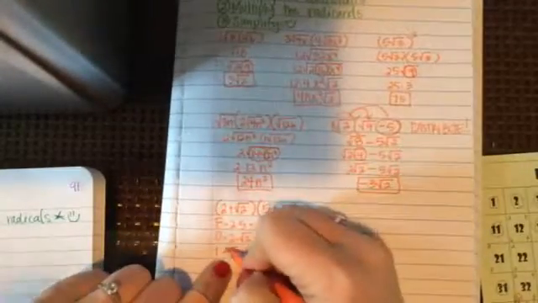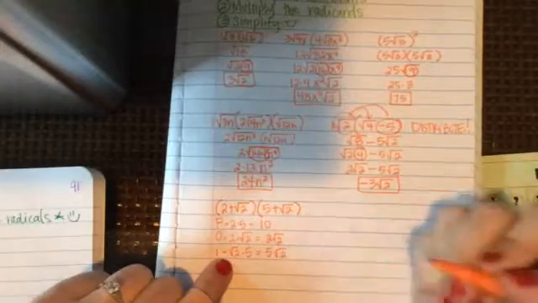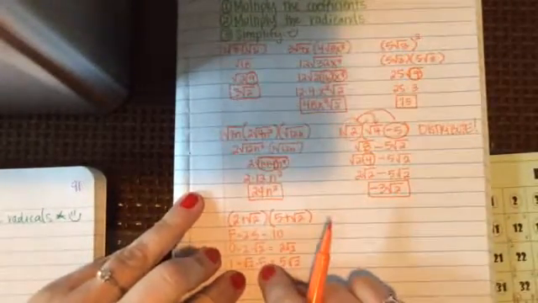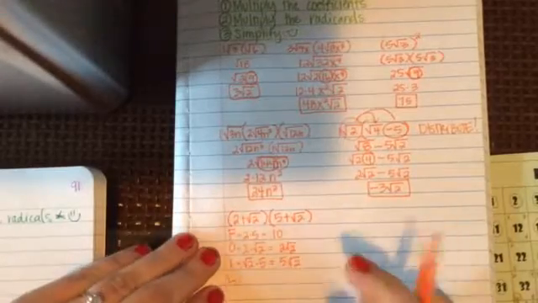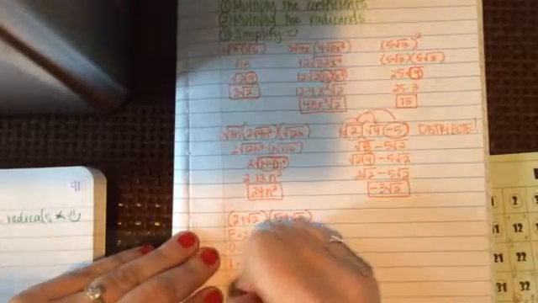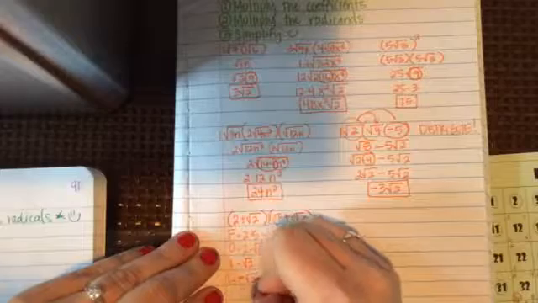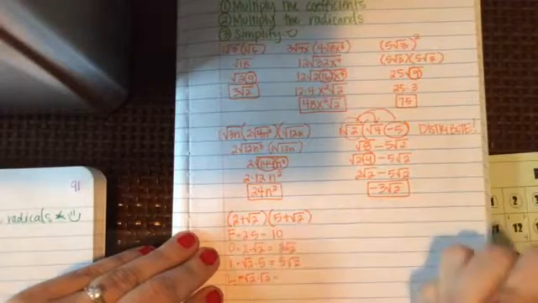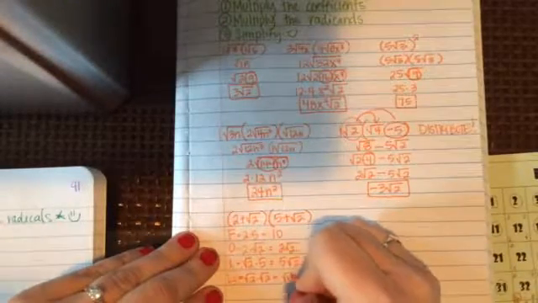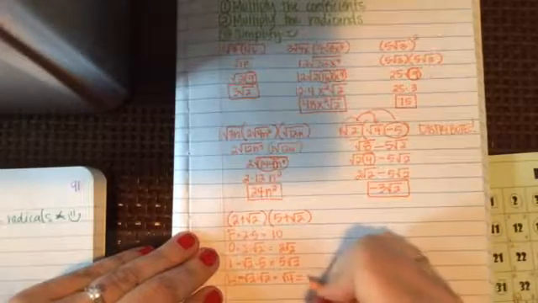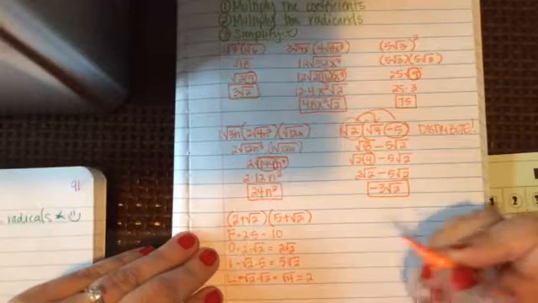Multiply the coefficients. 1 times 5 is 5. Multiply the radicands. Radical 2 times no radical, right? So radical 2. Okay, and L is last. So radical 2 times radical 2, which is radical 4. Ooh, I can simplify that to make it 2.